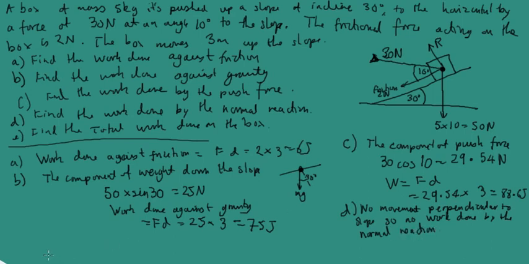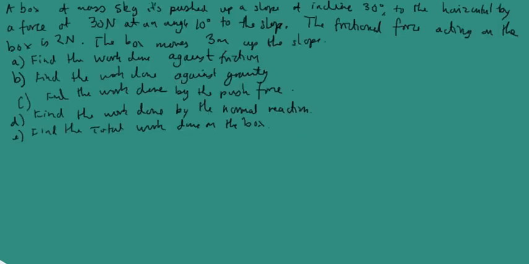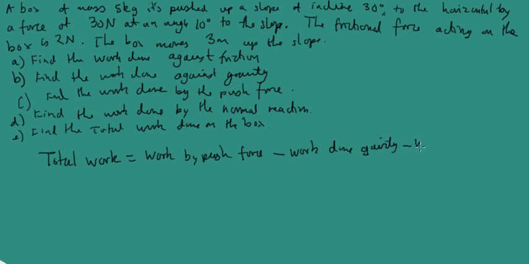So let's now find the total work done. I'm going to have to get a new page up here. So the total work is going to be the work by the push force minus the work done against gravity, because that's against the line of motion, minus the work done against friction.